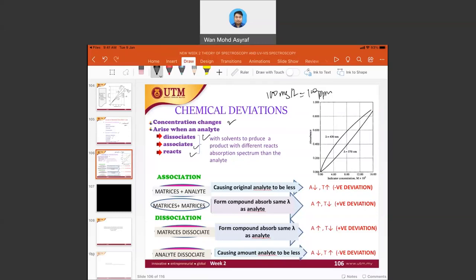For example, with associations between matrix and analyte, it causes the original analyte to be less. Or even the interaction between matrix and matrices forms a compound that absorbs at the same wavelength as the analyte. All of this will contribute to the concentration changes.